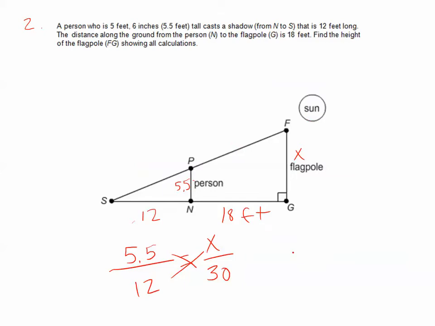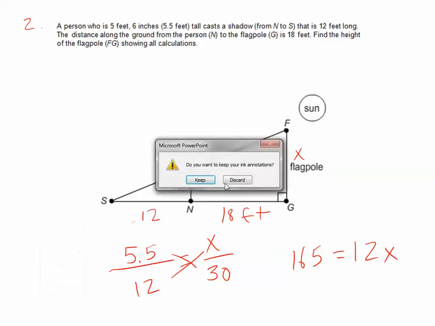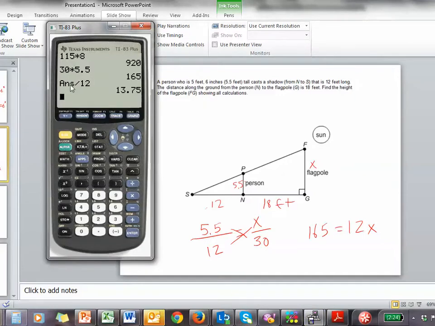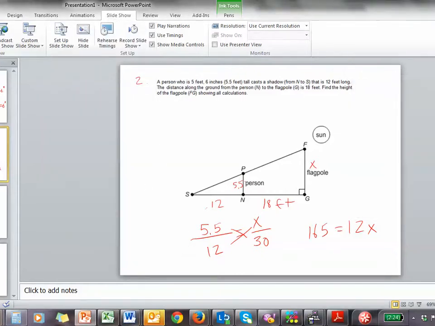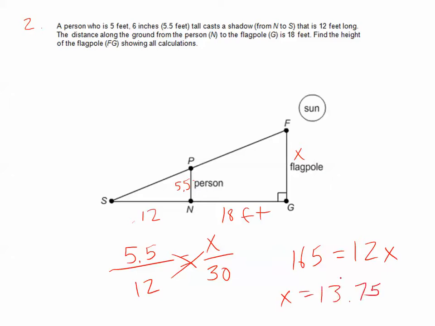So we have 165 equals 12x, and that's where I did the divide. If you push divide, it says answer, which means 165 divided by 12 is 13.75. So that would be the answer, 13.75.